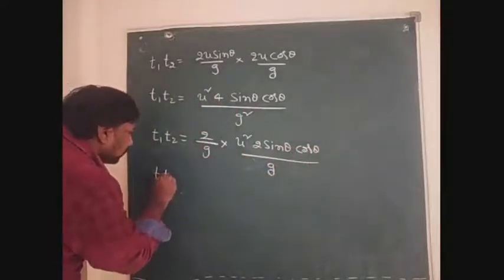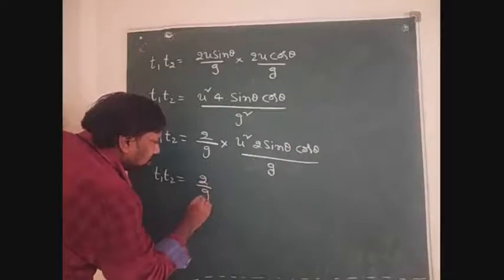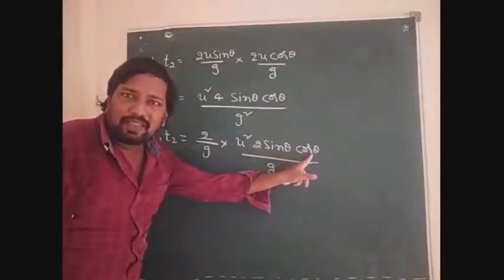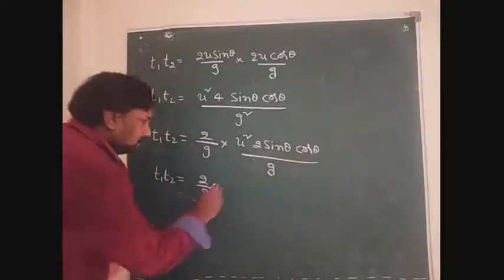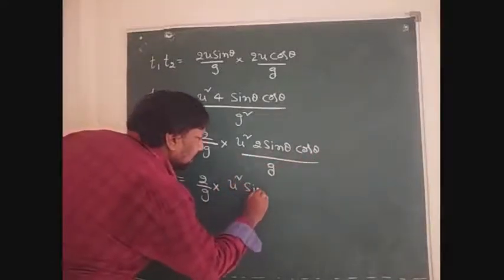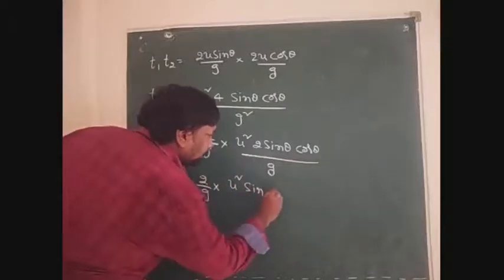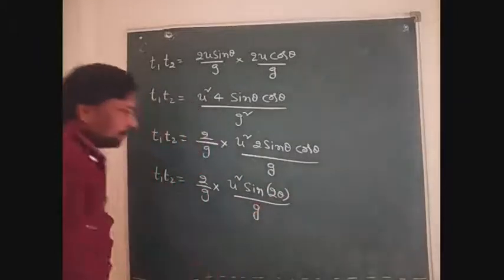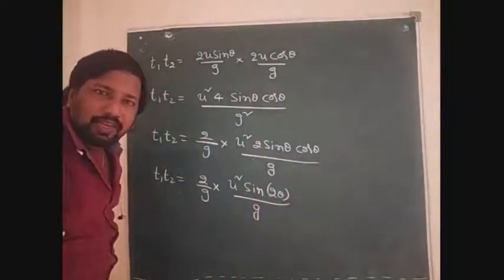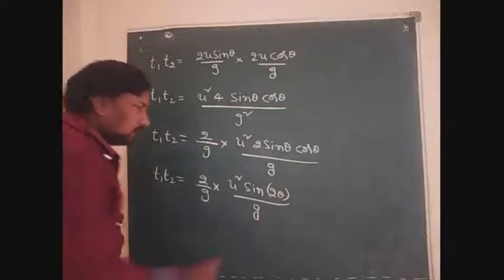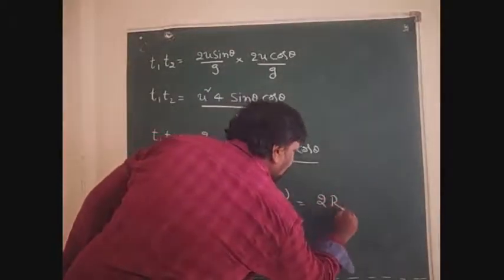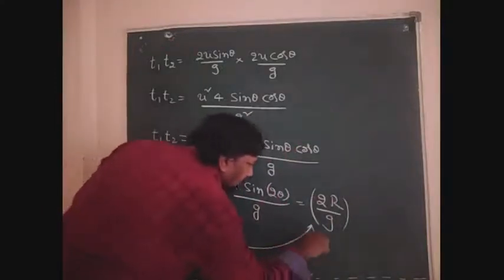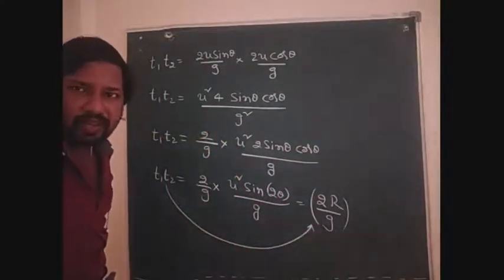So T1 T2 equal to 2 by g into u square, 2 sine theta cos theta means sine 2 theta, so u square sine 2 theta by g, and that is the range. Therefore 2R by g. So the product of the times is equal to 2 by g into the range.